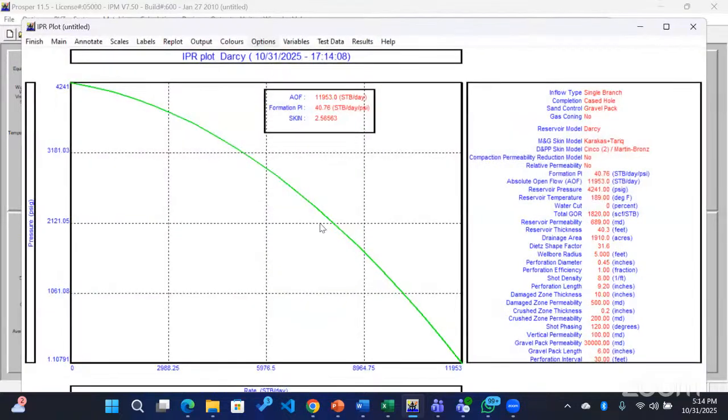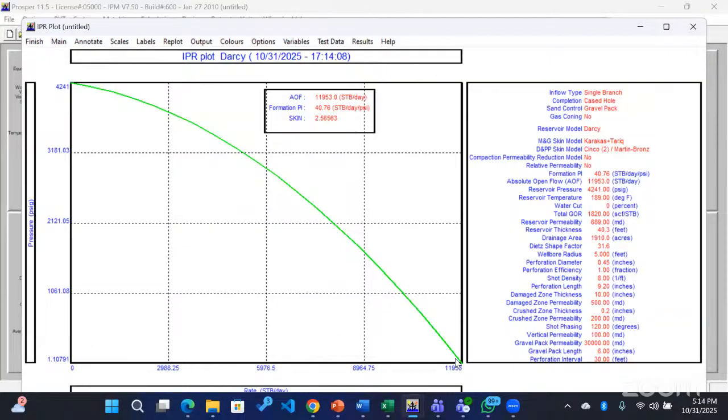So now, just by pressing that calculate, we have our absolute open flow, which happens to be the maximum production rate at the least pressure, and the pressure here is around 1.1.